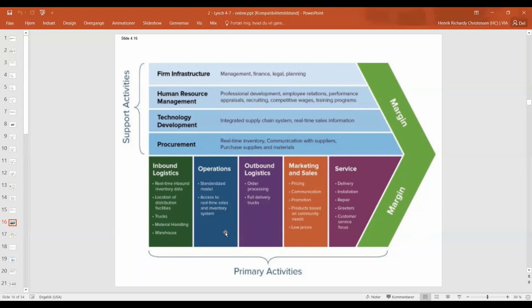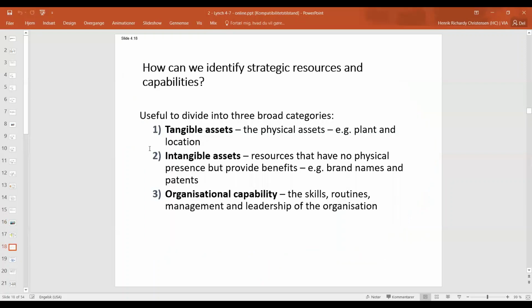We could do that for all the different activities, also for outbound logistics, marketing and sales, and service. We could also do it for the supply activities up here. For all of these activities, we could do an analysis by simply breaking those activities down into the tangible assets, intangible assets, and the organizational capabilities.